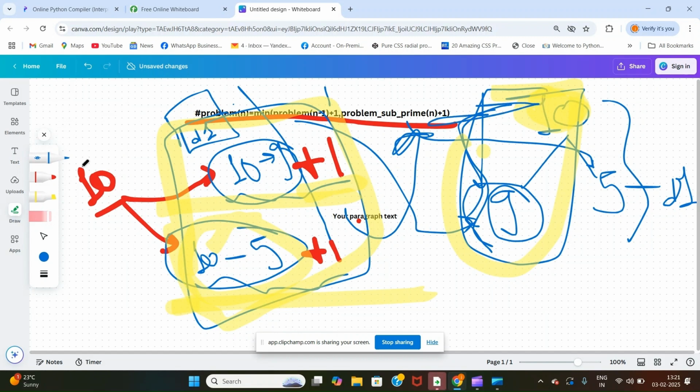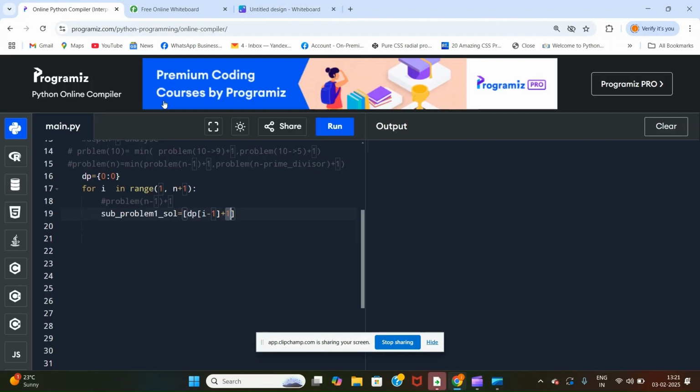Okay, now I have to write the code for how the 10 will be reaching to this 5. Okay, for that, first of all I need to have all the divisors, सारे prime divisors चाहिए. Okay, so what will be the code all about for divisors or the divisor in prime divisor set?